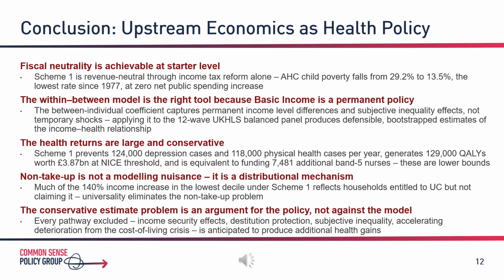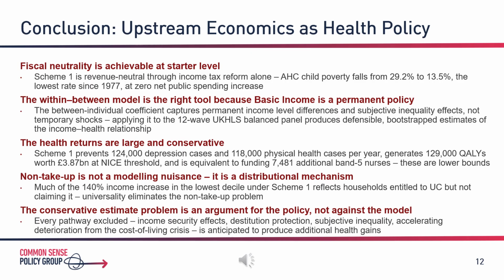The fourth thread is the non-take-up mechanism. The 140% income increase in the lowest decile under Scheme 1 is not primarily driven by the basic income payment. It is driven by the elimination of non-take-up. Many households in the lowest decile are there not because they have no entitlement, but because they are not claiming it, facing barriers of stigma, complexity, digital exclusion, or fear of conditionality.